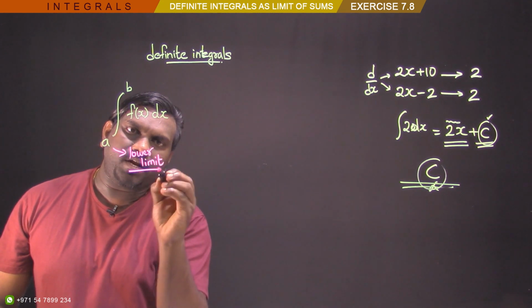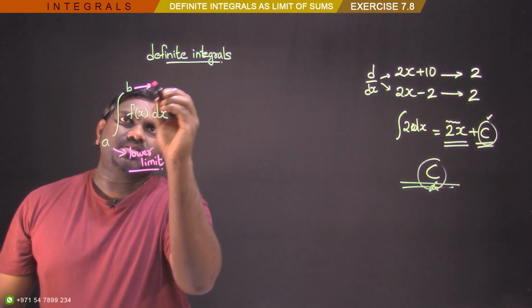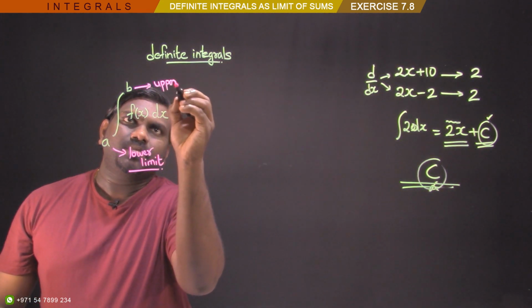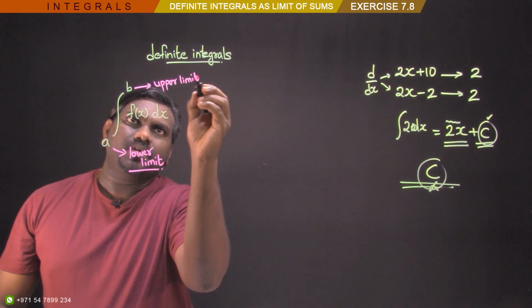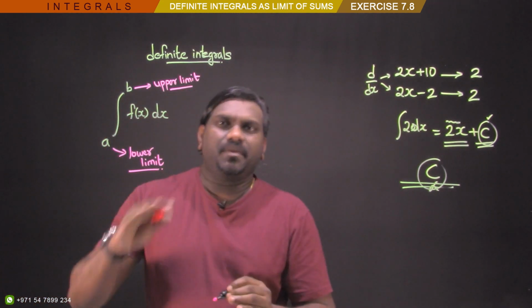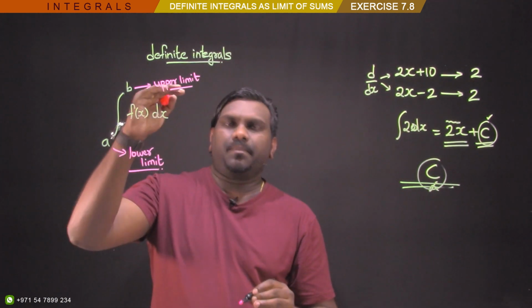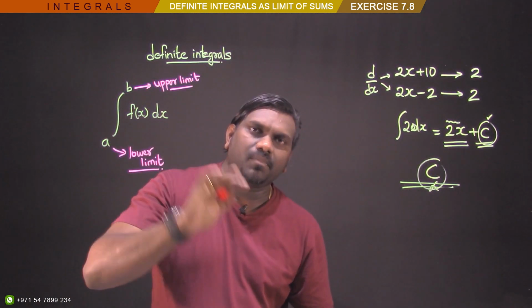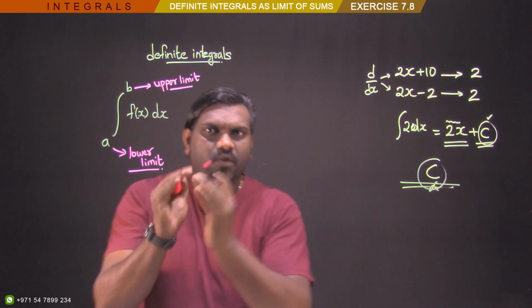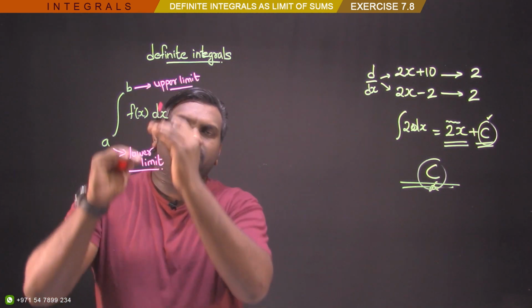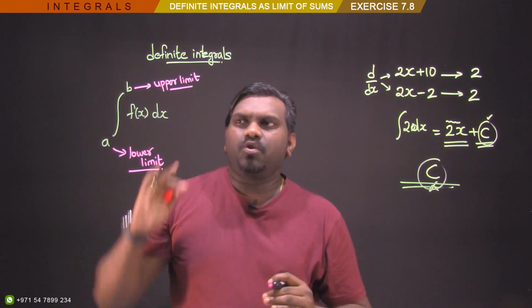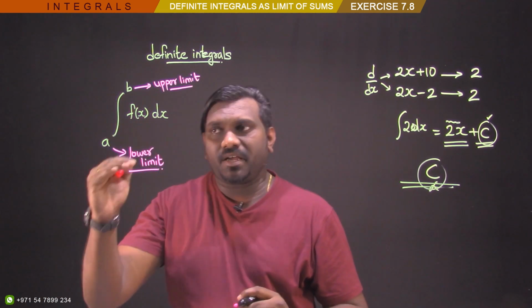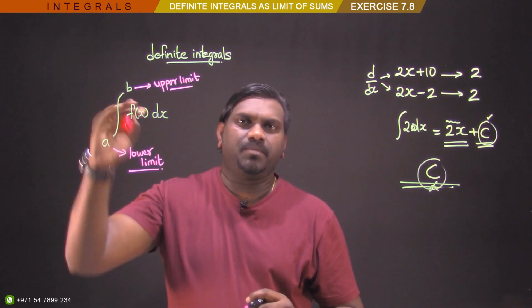Okay, this is my lower limit. Whereas this one is your upper limit. Now with respect to these is what I'm going to integrate this function, with respect to x, and in between a and b, dear.